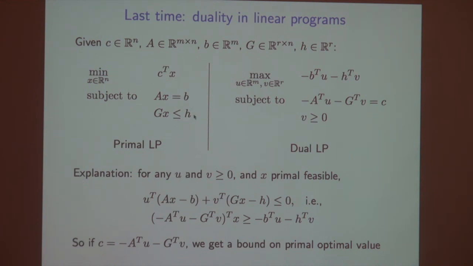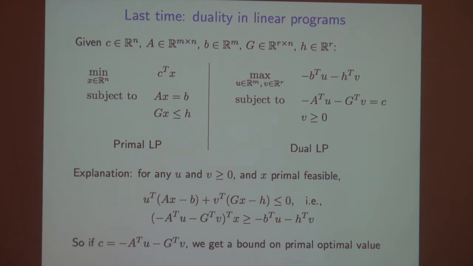And likewise, we defined a dual variable v_i for each of these r inequalities. And we put the constraint that each component of v had to be non-negative, because we're going to take each component of u and multiply it by the corresponding equality, and each component of v and multiply it by the corresponding inequality, and we restricted v_i to be non-negative so that it doesn't flip the sign of the inequality. That's why we had that constraint.